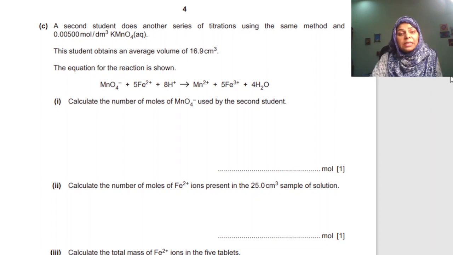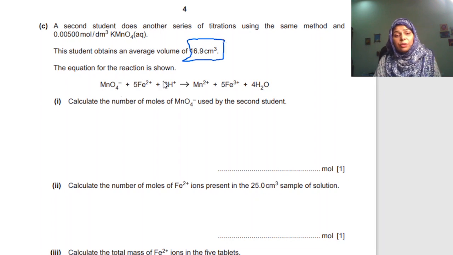This student obtains an average volume of 16.9 cm³. Okay, here they have given us a value, that is 16.9 cm³. So, okay, the equation for the reaction is shown.